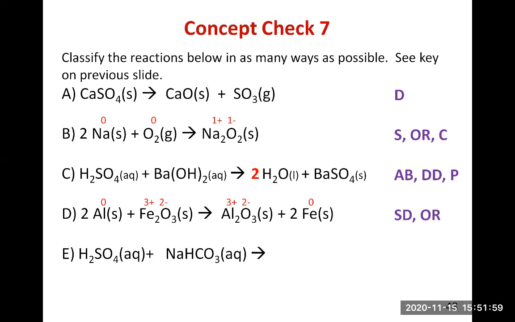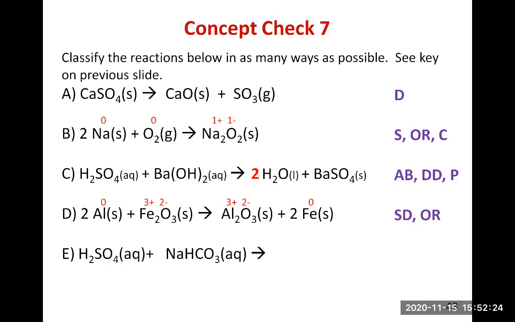We can see that aluminum has replaced iron in the oxide. You can see that if you change the iron into aluminum, you get the same oxide. And then iron now is in its elemental state as a metal. So single displacement and oxidation reduction reaction.